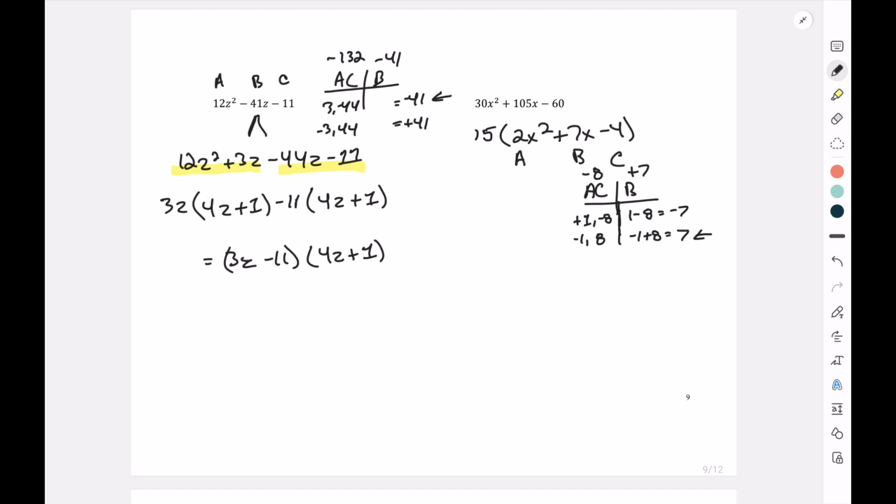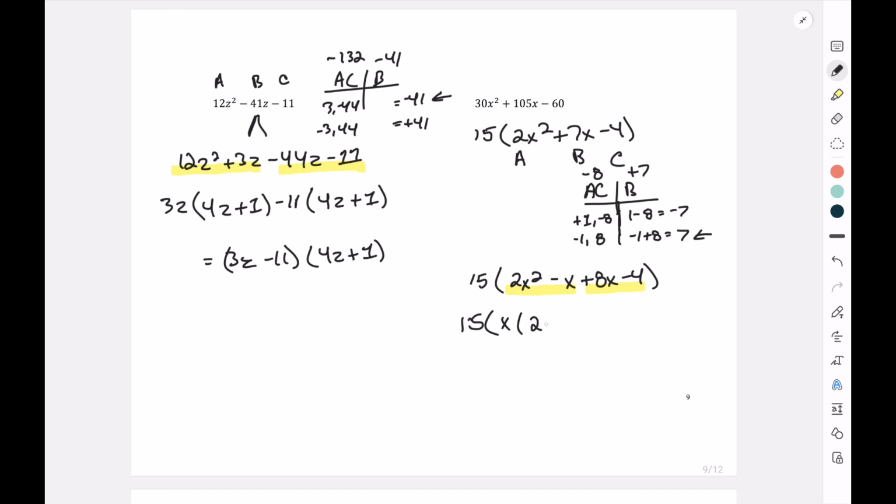So if we look at splitting the middle term, we keep the 15 out front. We have 2x squared minus x plus 8x minus 4. We're going to be factoring by grouping again. We have our first group and our second. We can see in the first group we just have an x in common.